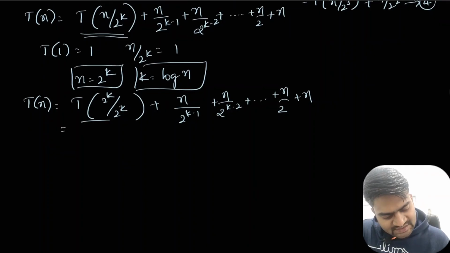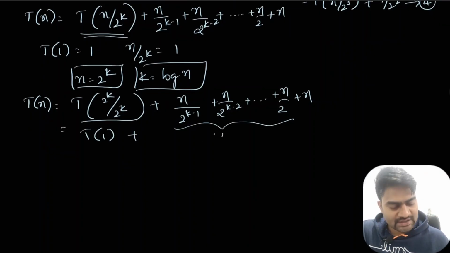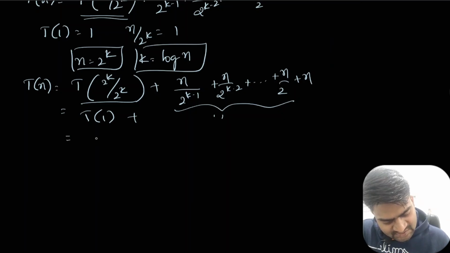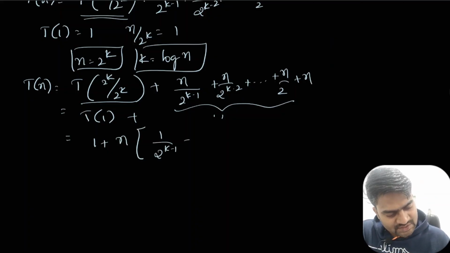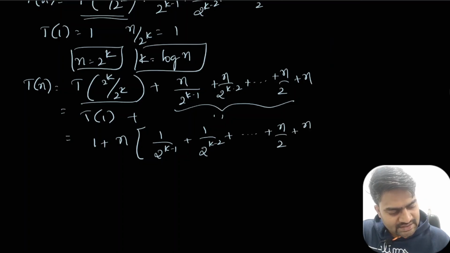So now this is T(1) and a remaining term here. T(1) is 1, then I will take out n, then what I get: 1/2^(k-1) plus 1/2^(k-2) and so on till 1/2 plus 1.